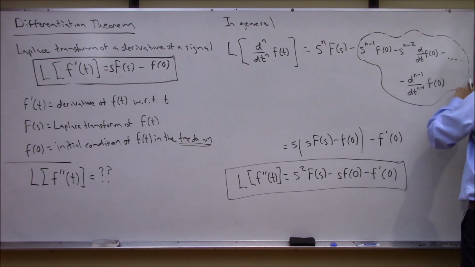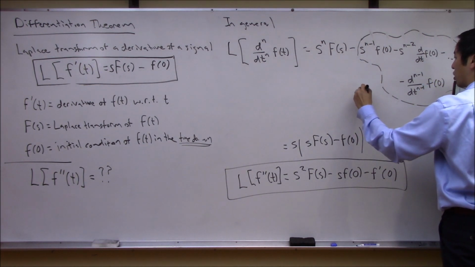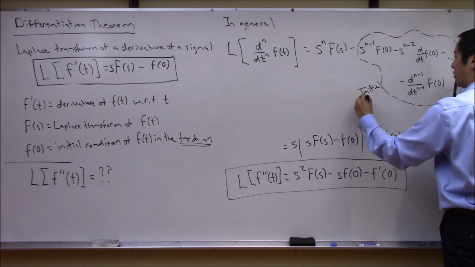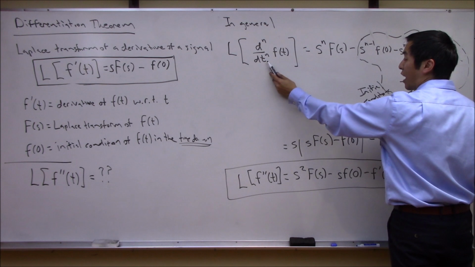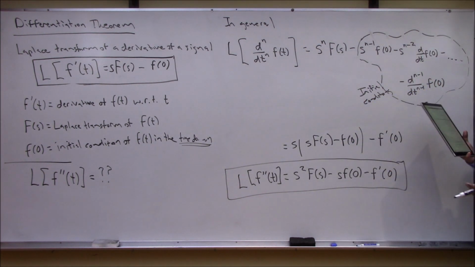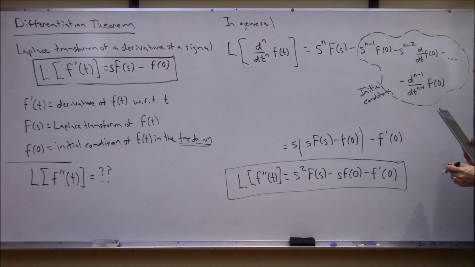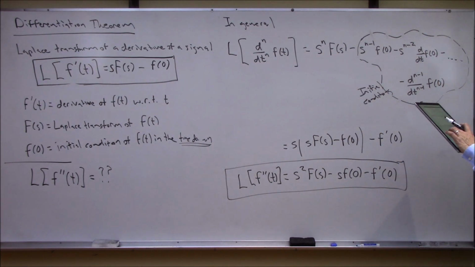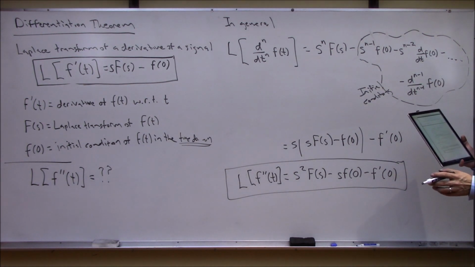All of these things are basically initial conditions. So again, you have an nth time derivative and you see an s to the n show up. That's the meat and potatoes of this: a time derivative turns out to be an s in the Laplace domain. So again, this is super duper helpful.